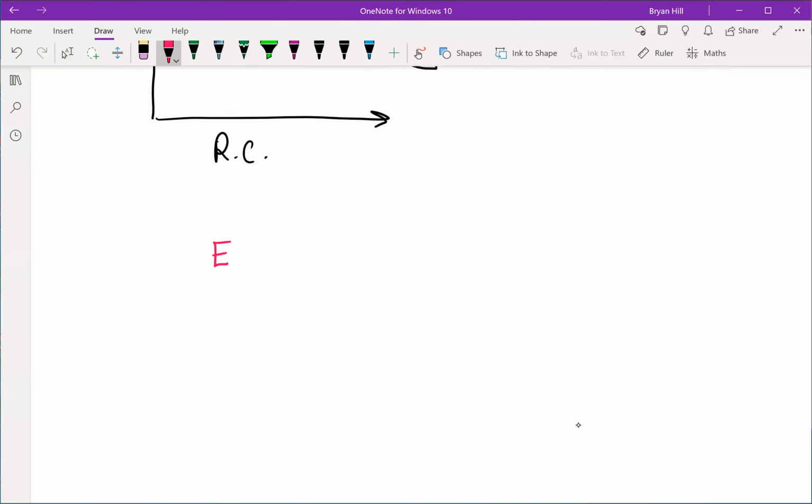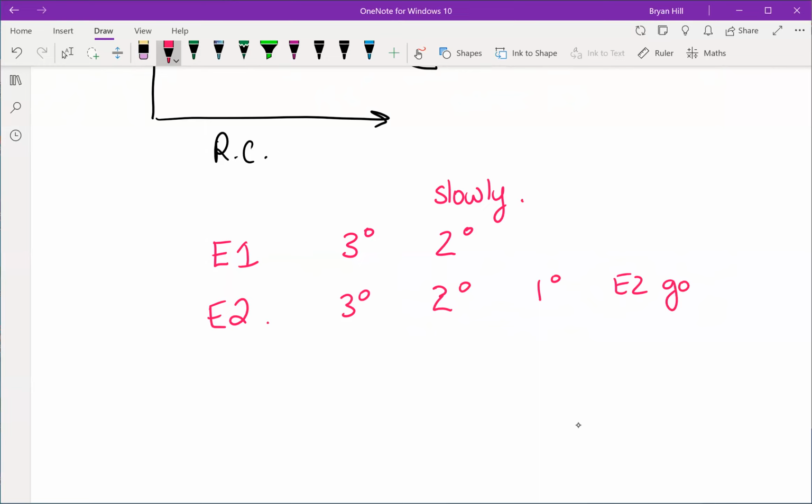So E1s, remember, you can do them on tertiary alkyl halides and slowly on secondary. But E2, you can do them quickly on primary, secondary, or tertiary. So E2 is good in all conditions, and by conditions there, I mean the type of alkyl halide.